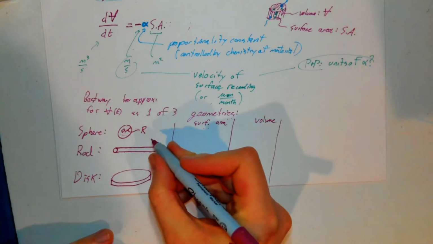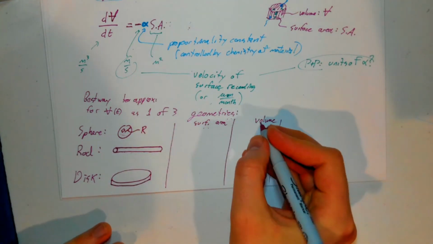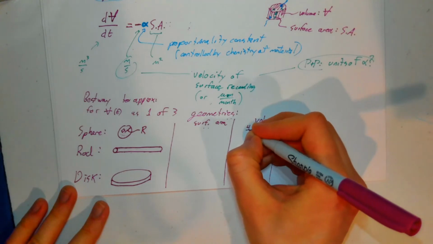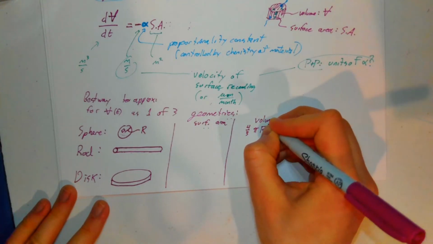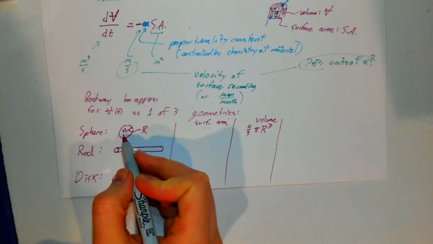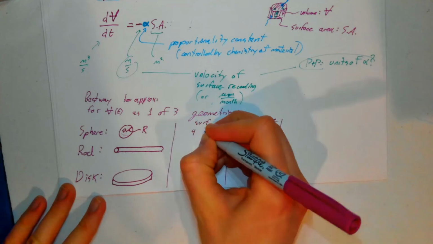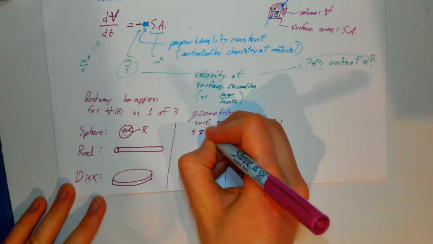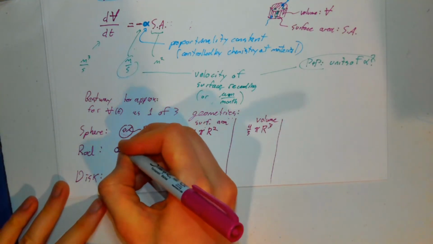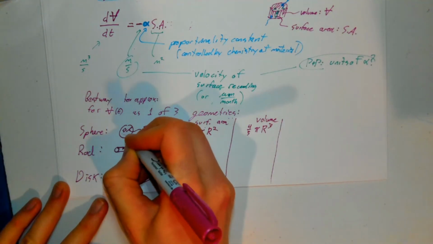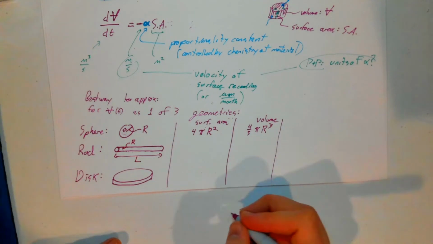If you dust off your high school geometry notes, the volume of a sphere is 4/3 pi r cubed. And the surface area of a sphere turns out to be 4 pi r squared.